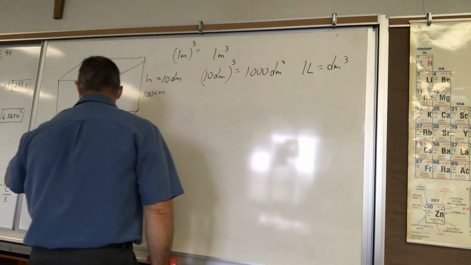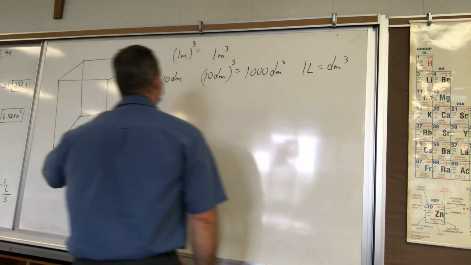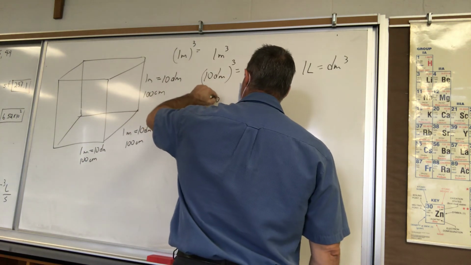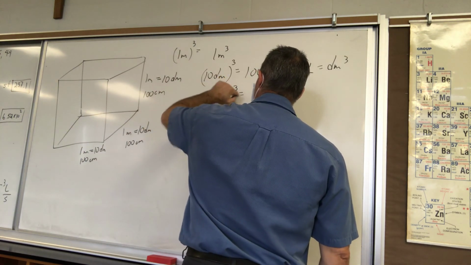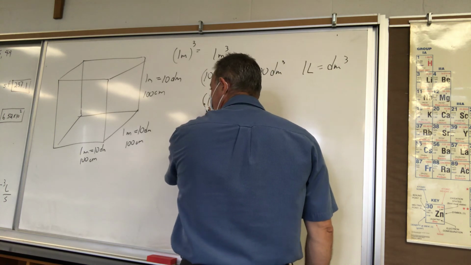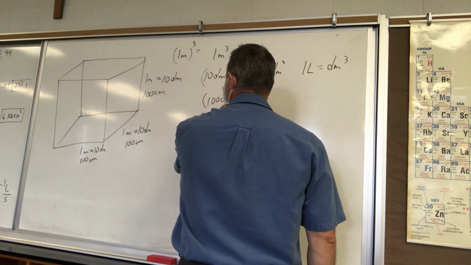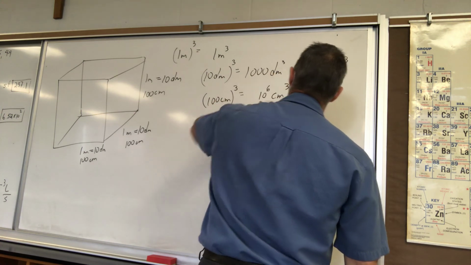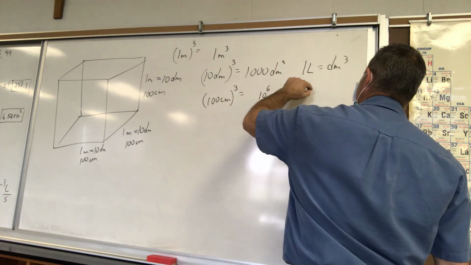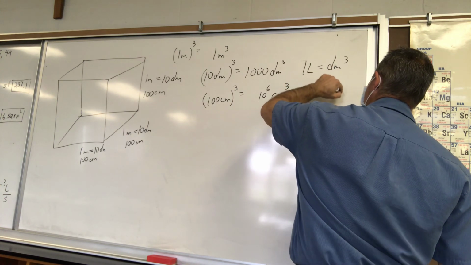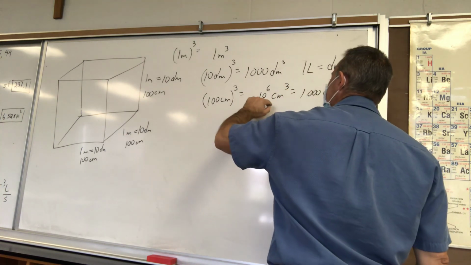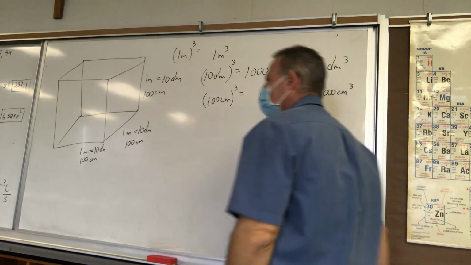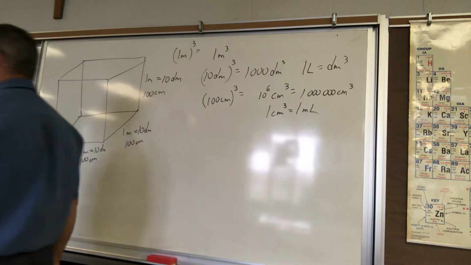And this is 100. So if I want to express this volume in centimeters cubed, I could say 100 centimeters, all cubed. 10 to the power of 2 is another way of saying 100. So 10 to the power of 2 to the power of 3 gives you 10 to the power of 6 centimeters cubed. Or you could say 1,000,000 centimeters cubed. And by the way, 1 centimeter cubed also equals 1 milliliter. So this meter cubed is also 1,000,000 milliliters.